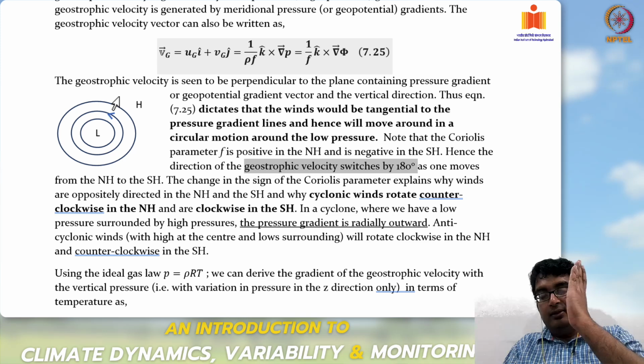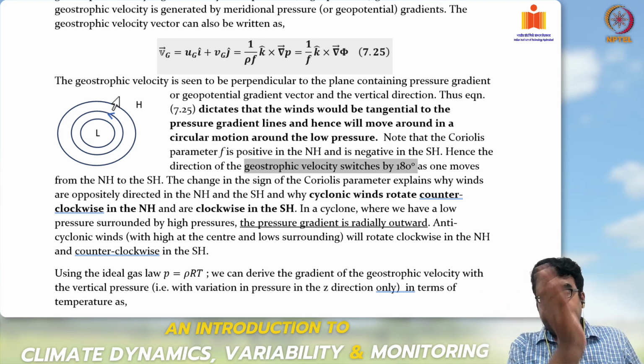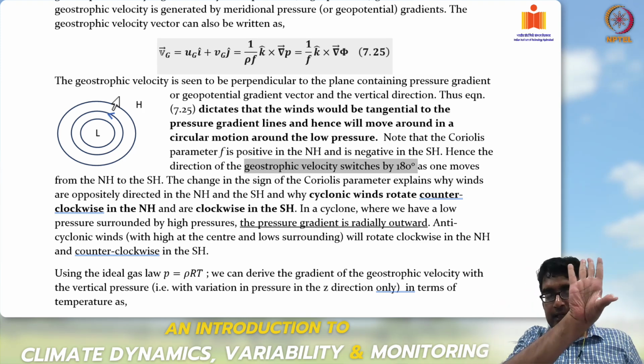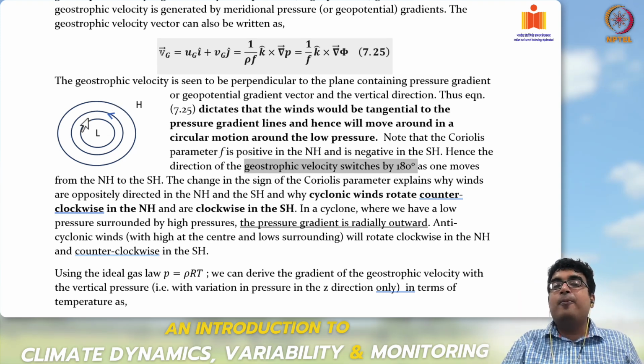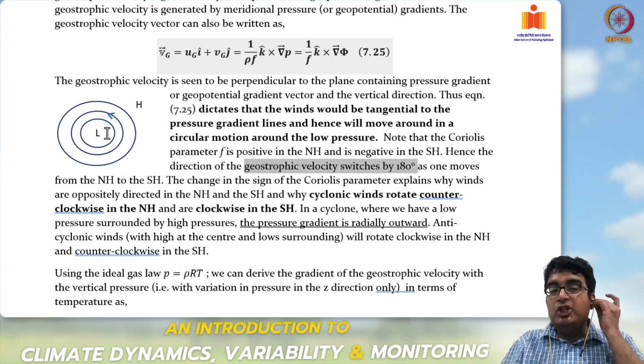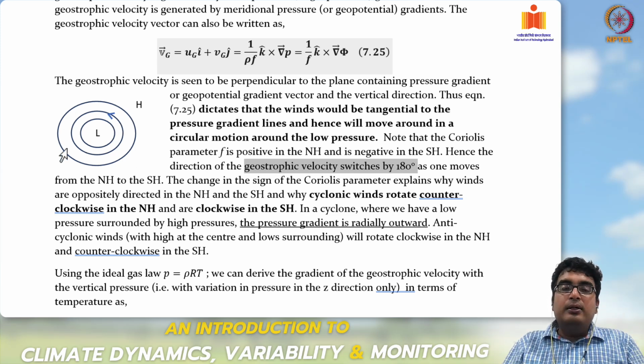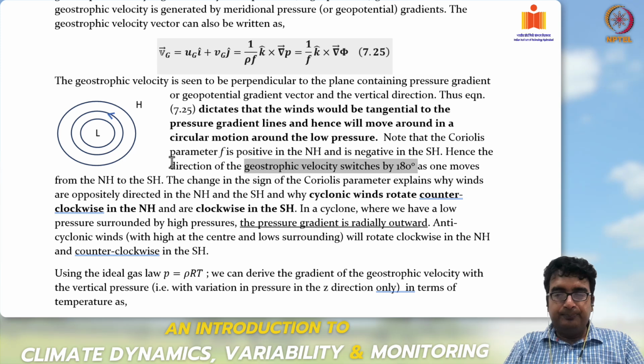This is the vertical. So you have vertical across the gradient of P. So the velocities will be along the isopressure lines and tangential to the radial direction. So the winds will be also rotating in a circular fashion.